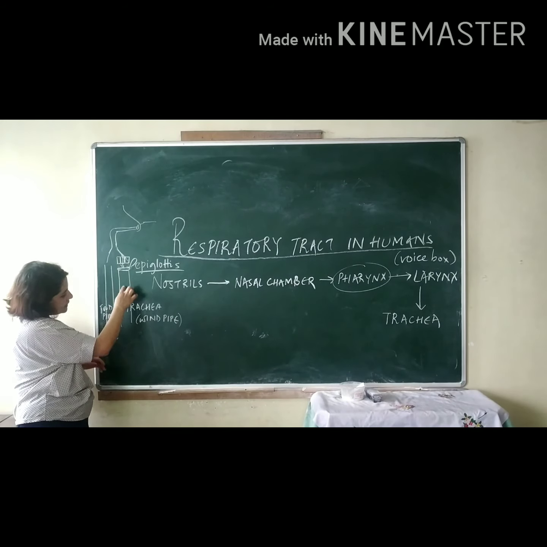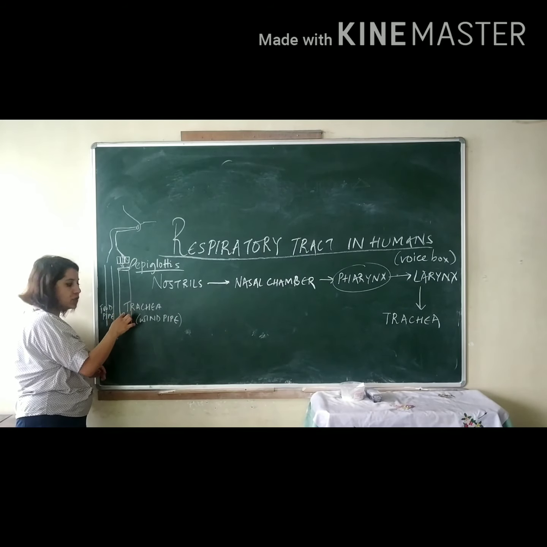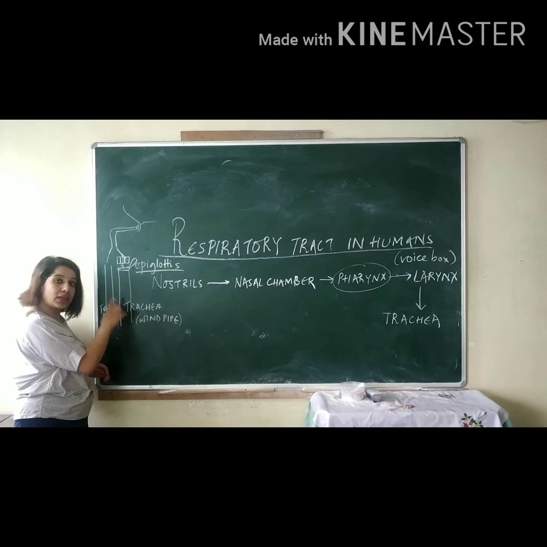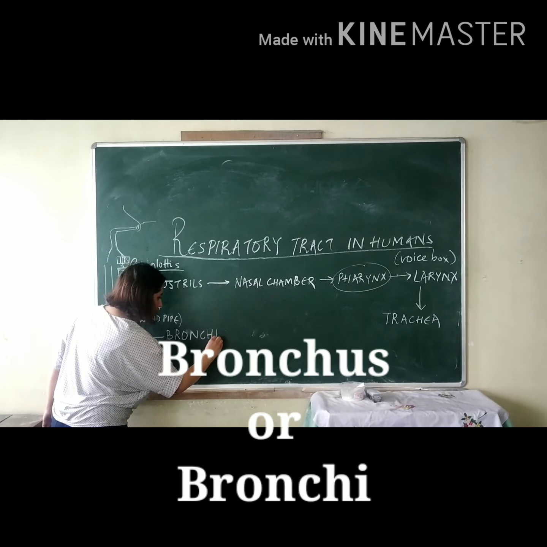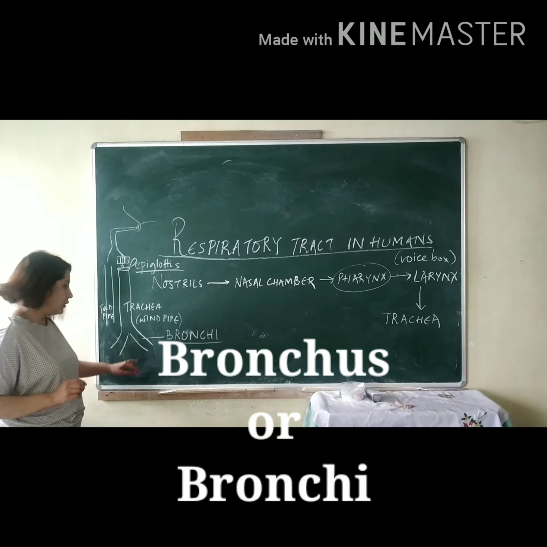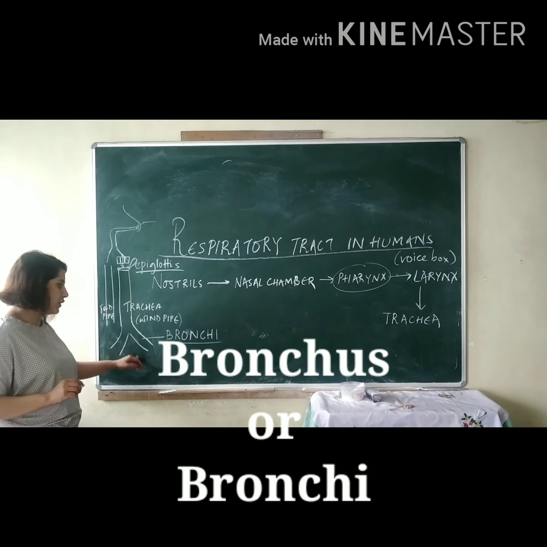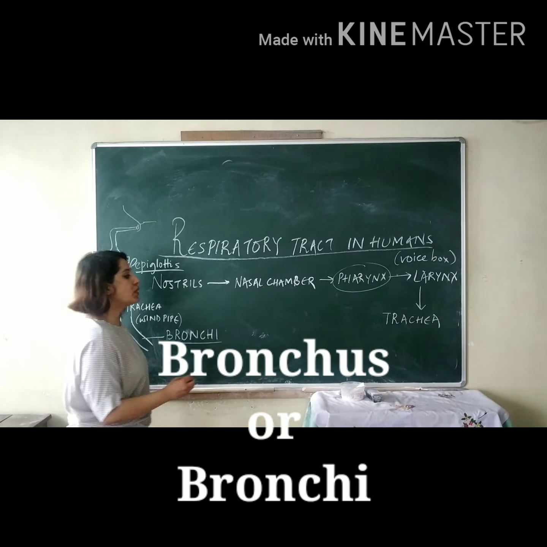Okay, now the air has entered the trachea or the windpipe. Just before entering the lungs, the trachea is divided into two bronchi. Singular is bronchus.